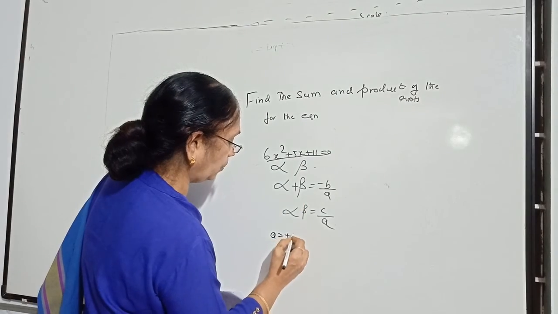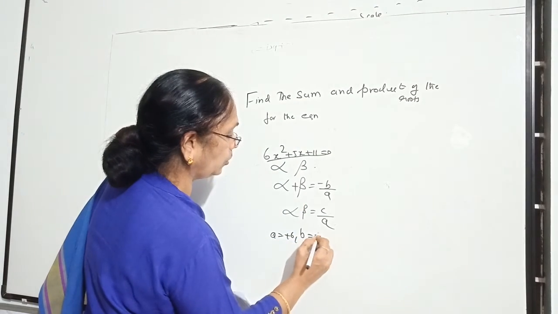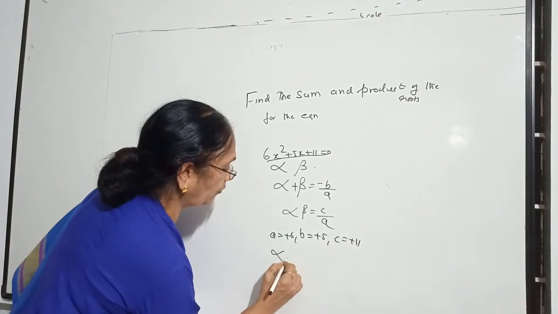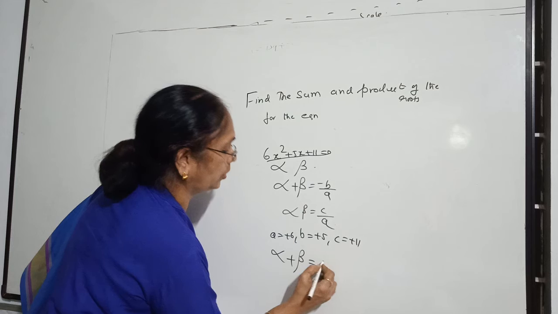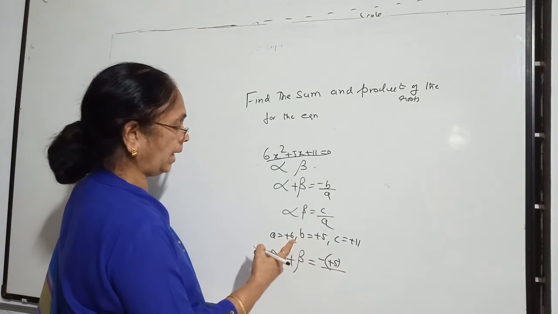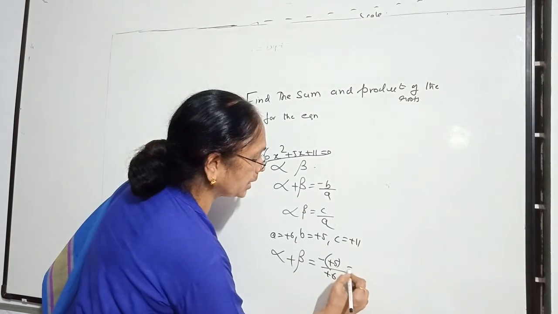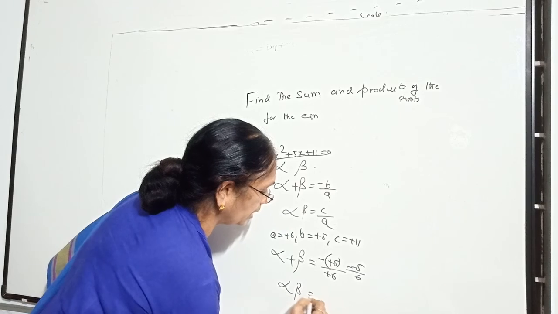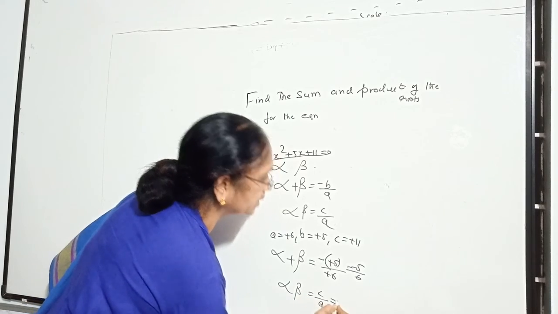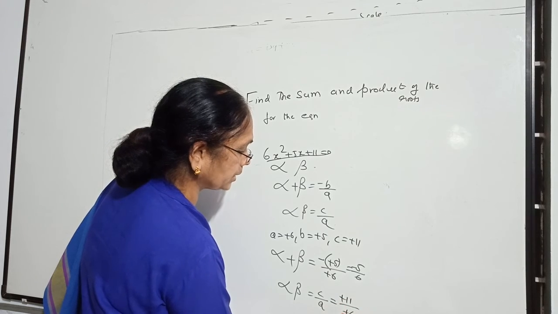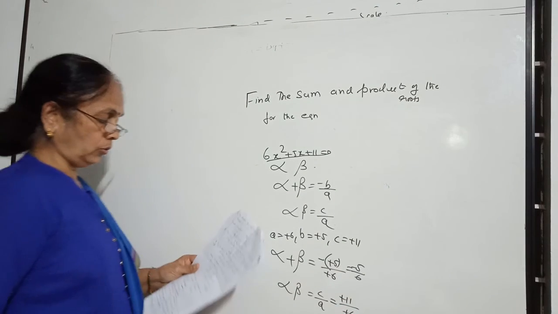So a is equal to plus 6, b is equal to plus 5, c is equal to plus 11. So alpha plus beta is equal to minus of plus 5 by a. a is given as plus 6. This is minus 5 by 6. Alpha beta is equal to c by a. c is given as plus 11 and a is given as plus 6. So this is the way you do the sum.